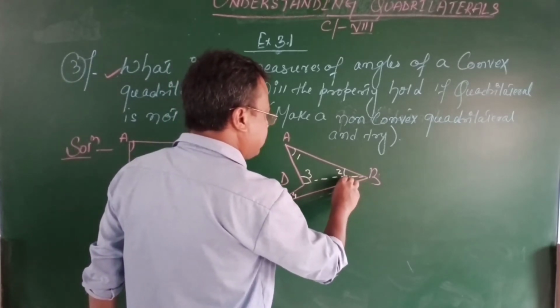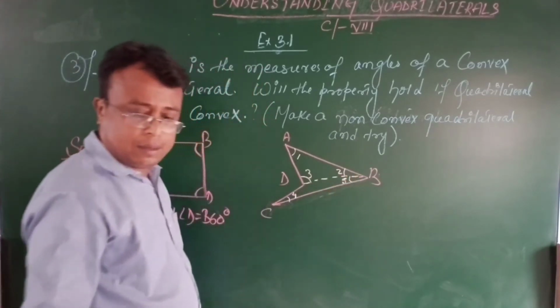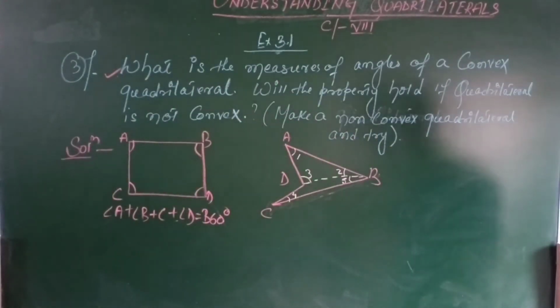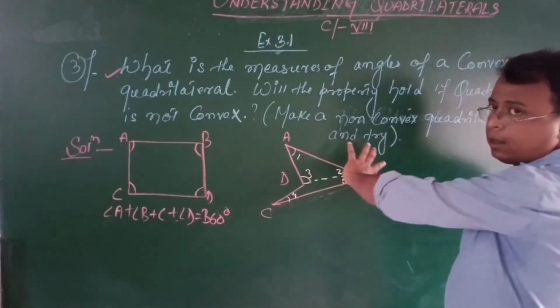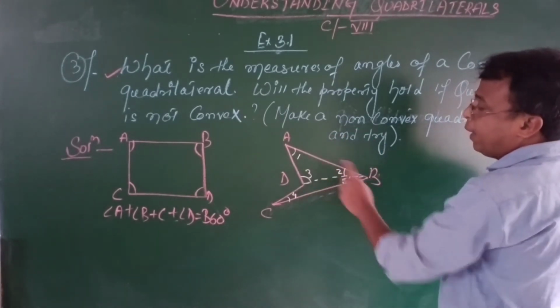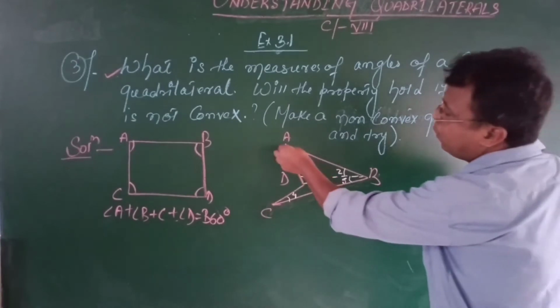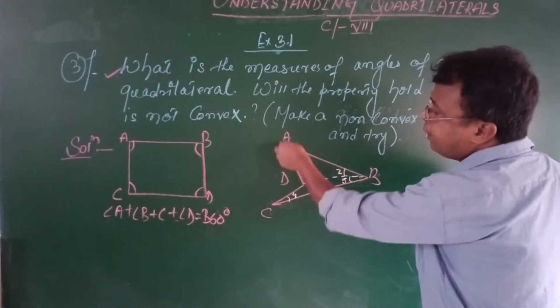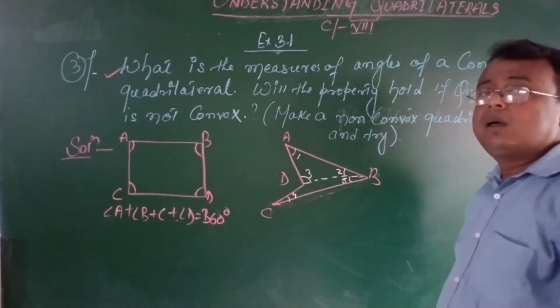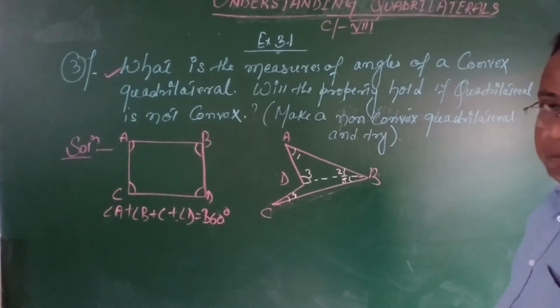This angle is 5. Now you see, here we are getting two triangles. Why is it not convex? Because if you draw this diagonal, it lies outside of this quadrilateral. That's why it is a concave quadrilateral, not convex.